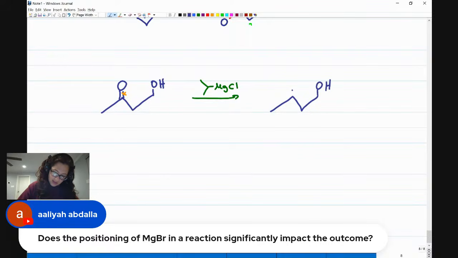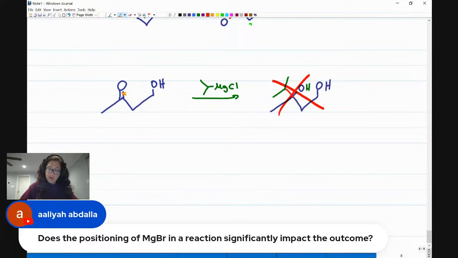Everything should ideally remain intact. You have the OH right here, and then you would expect to get this right here. This looks like what we want to happen, except this is not going to happen.